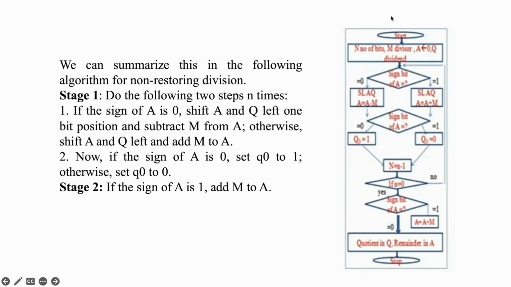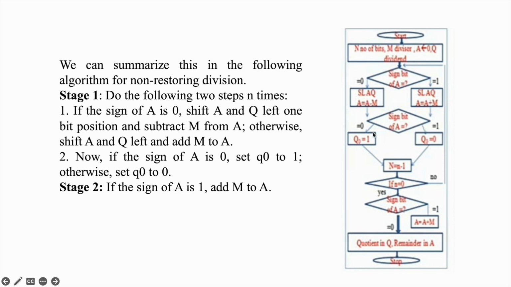So let us see the flowchart of the non-restoring division algorithm. This is similar to the restoring division algorithm, but if the sign bit is 1, meaning negative, we shift left AQ and add M. If the sign bit is 0, meaning positive, we subtract the value of M. Again, after this addition or subtraction, based on the sign bit of A, if the sign bit is negative we take the quotient bit as 0.